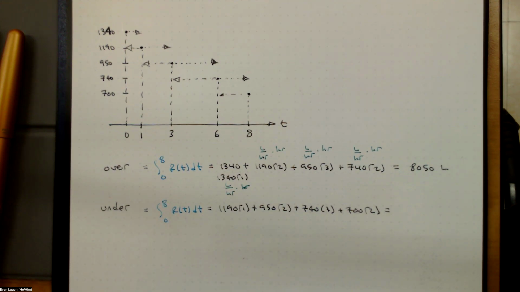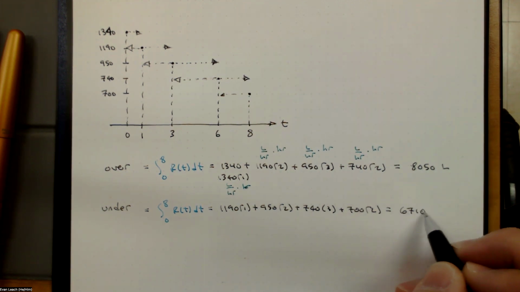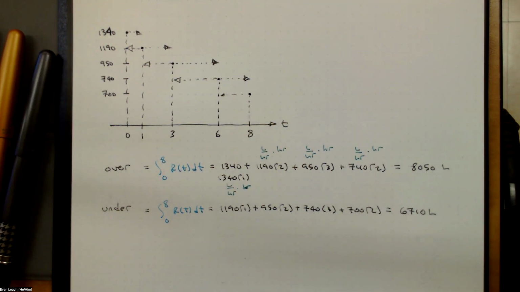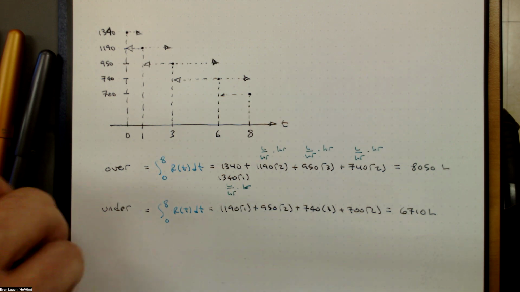What did I get for this? 6710. So depending on what this function actually looks like, we expect the actual value to be between 8,050 and 6,710.